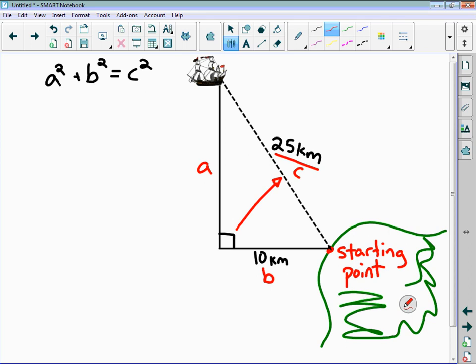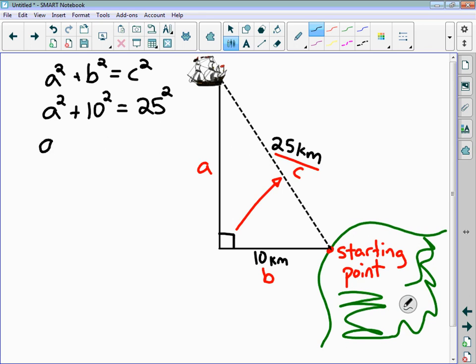So we can take our numbers and we can put them in. So then we're going to write a squared, we don't know what that is, plus, well, b is 10 kilometers, so it would be plus 10 squared is equal to c, which is 25, so 25 squared. And now we can square b and c. So b squared, 10 squared is 100.